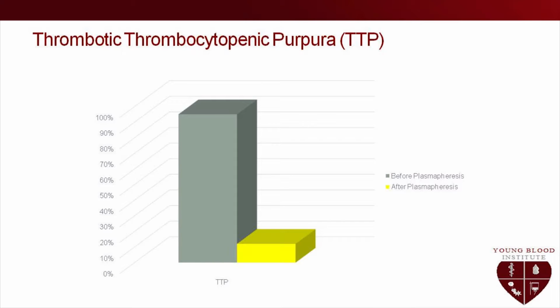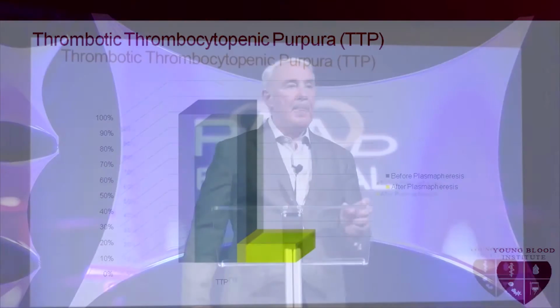There is a killer disease that is called thrombotic thrombocytopenic purpura, or TTP. Before we started using apheresis in the early 80s, this disease had a mortality rate of 95%. After we started using plasma exchange for the treatment of this disease without any other drugs intervening, the mortality rate today is 12%.